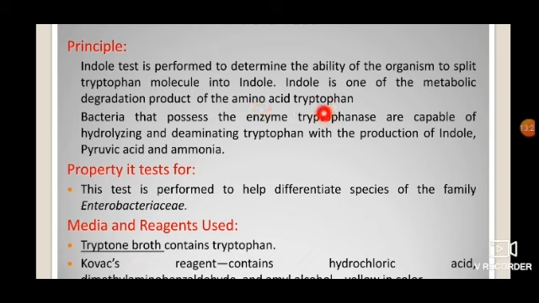Okay. So in the next slide we can observe that reaction, and on the basis of that we can conclude how tryptophan gets degraded. Bacteria that possess the enzyme tryptophanase are capable of hydrolyzing and deaminating the tryptophan, with the production of indole, pyruvic acid and ammonia.